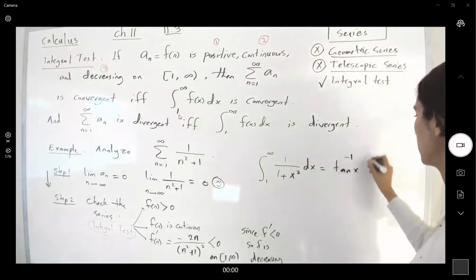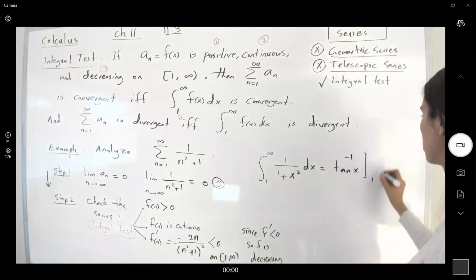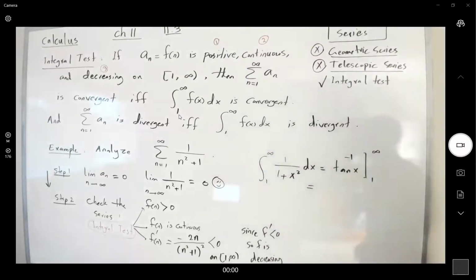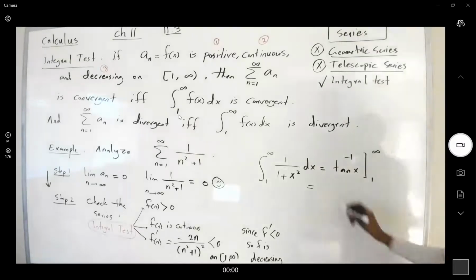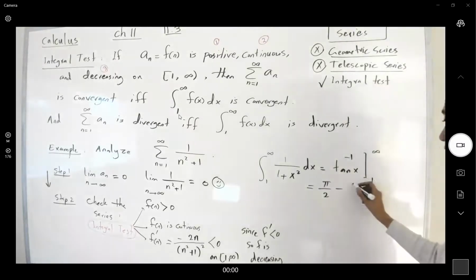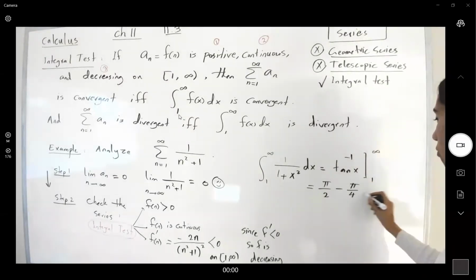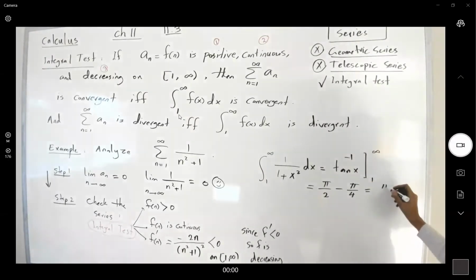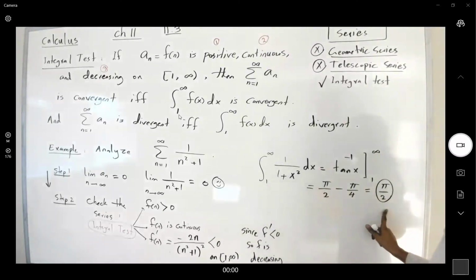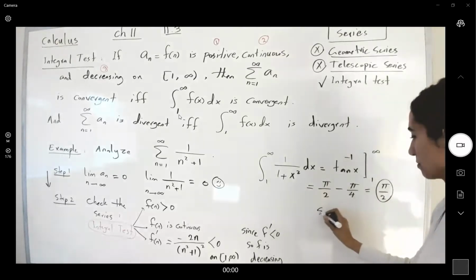Tangent inverse of x, from 1 to infinity. So you have inverse tangent of infinity, which means sine over cosine. It must be pi over 2 minus, it is 1 as pi over 4, and this is pi over 2. So since the integral is convergent, it means that your series is convergent.